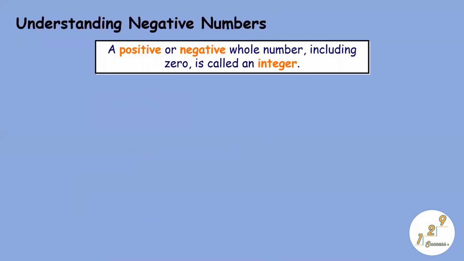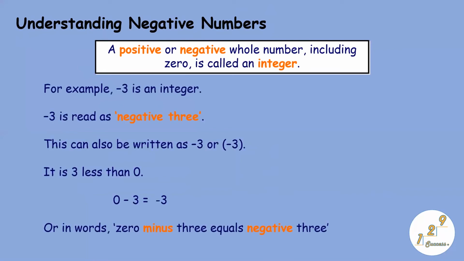Now, we've been talking about positive and negative numbers, and mostly you'll deal with whole numbers, including 0, and we call these integers. So let's take the number 3, and we have a minus sign in front of it. Now, minus 3 is an integer, and when we have a minus sign in front of it, we say negative 3.